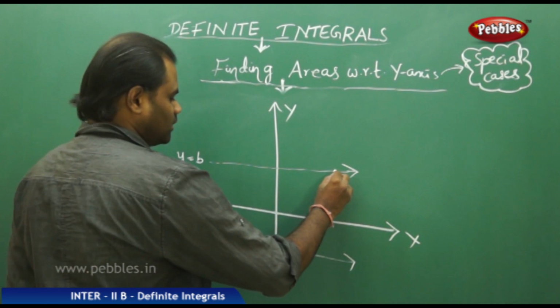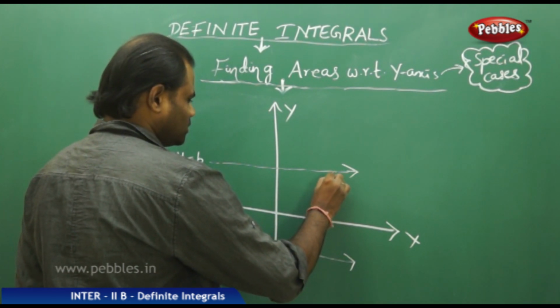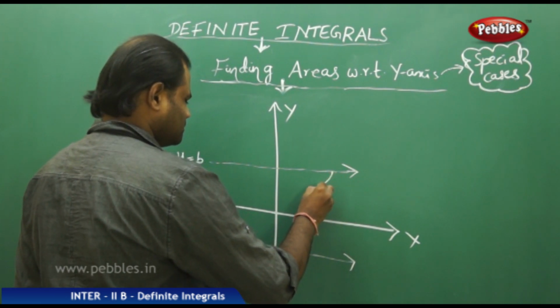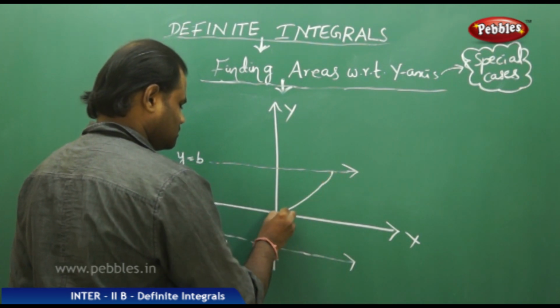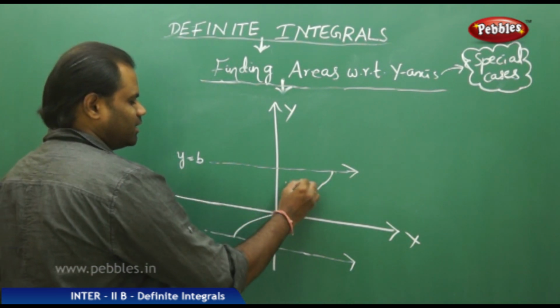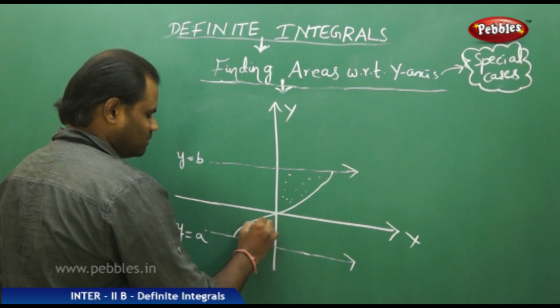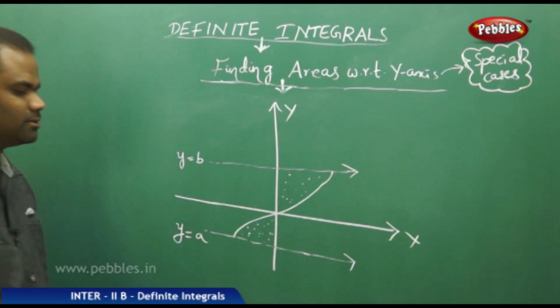What if I find the equation of this curve, which is something like this? I want to find the area of this region and the area of this region.